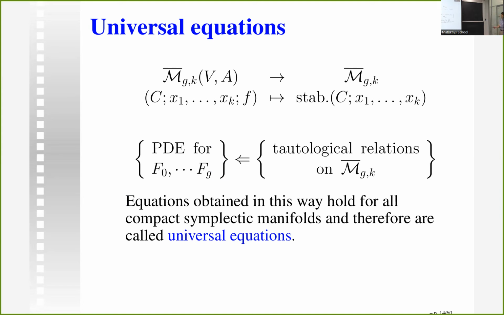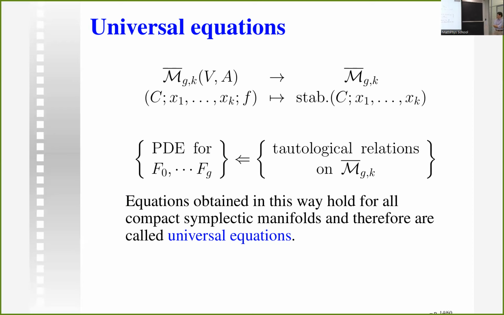Suppose you have a tautological relation on this Deligne-Mumford space, in the restrictive sense I talked about: no kappa classes, no lambda classes, just the psi classes and boundary classes. Then there's a canonical way to get partial differential equations for this generating function from such relations.